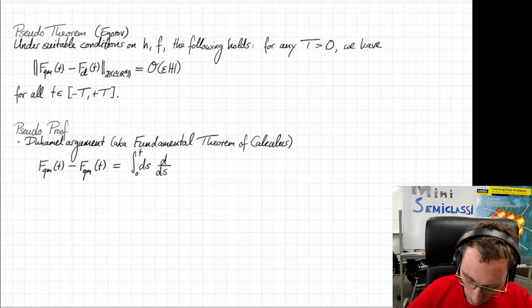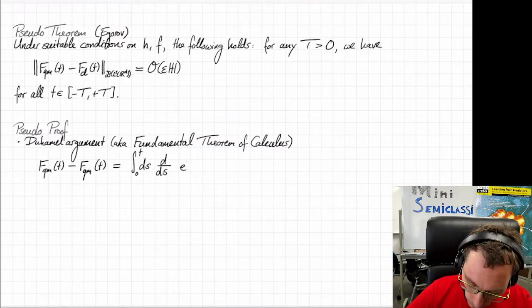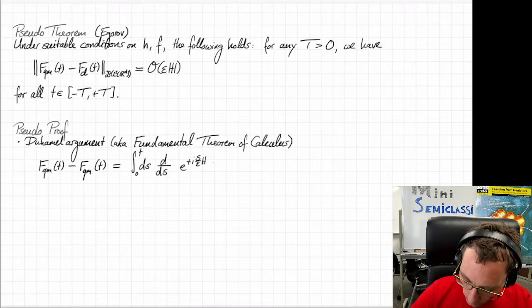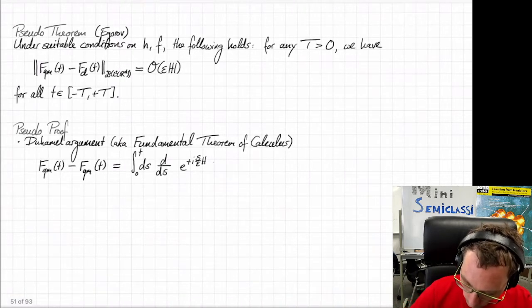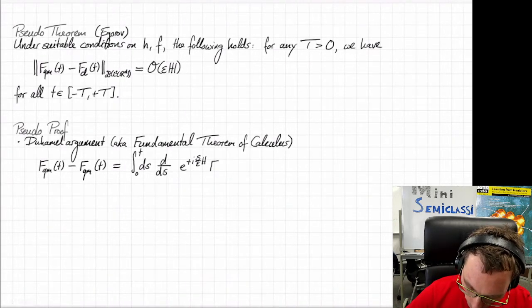And the way you do this is you take e to the i s divided by epsilon h, then you take f classical at t minus s, and then e to the minus i s divided by epsilon h.